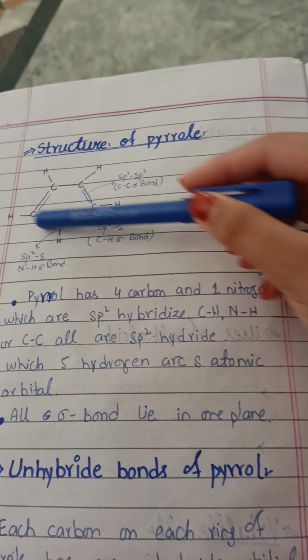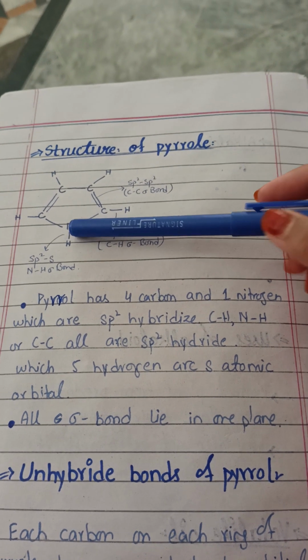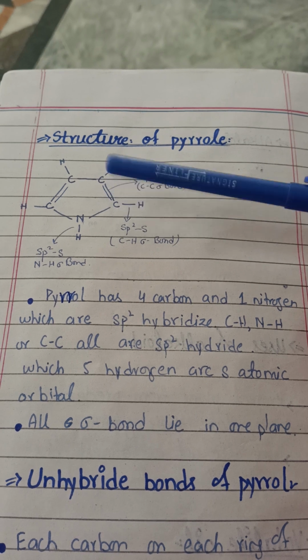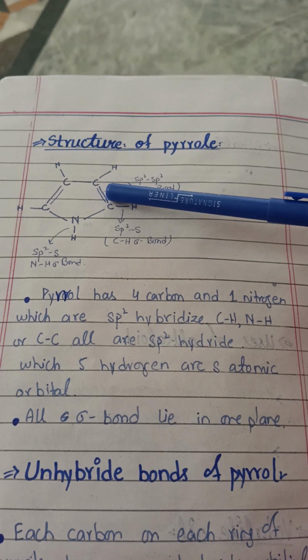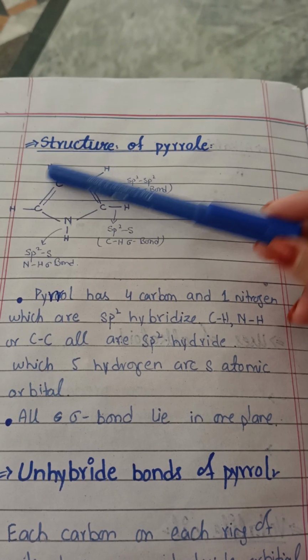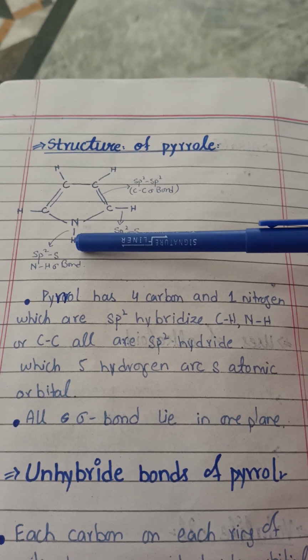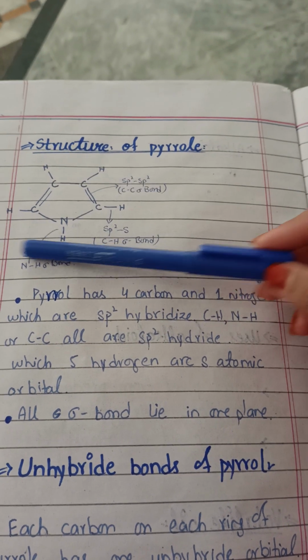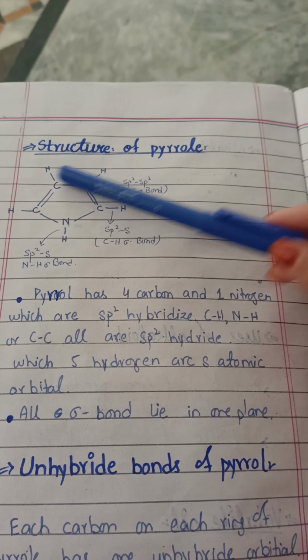Pyrrole has four carbon atoms and one nitrogen as a heteroatom. All four carbon atoms and the nitrogen atom are sp2 hybridized. These carbon atoms and nitrogen attach with the 1s orbital of hydrogen atoms and overlap. All the sigma bonds lie in a plane.